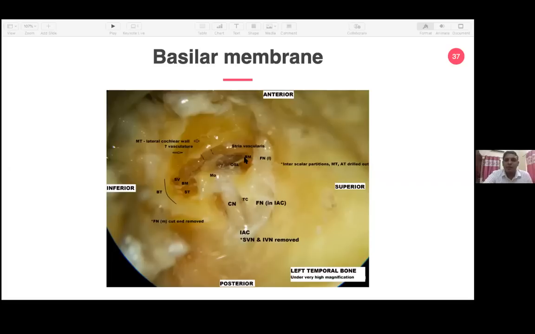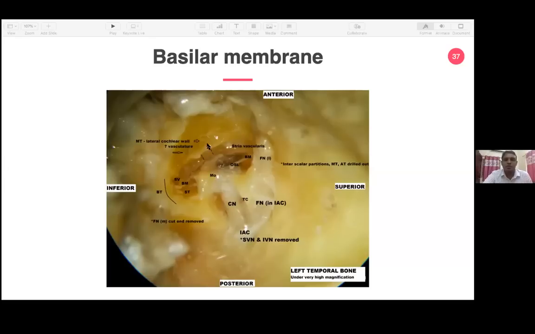Those vibrations are carried over to the hair cells, that will cause the stereocilia movement, that will cause the release of the neurotransmitter at the base of the hair cells, that will cause the firing of the auditory nerve.